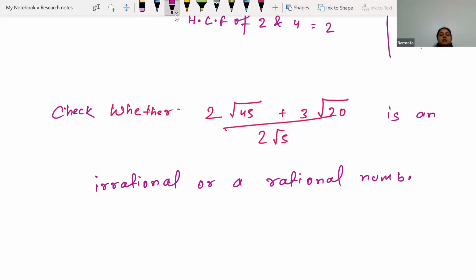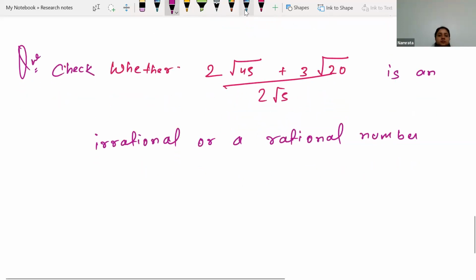Check whether this is an irrational number or a rational number. How to do so? Anyone? What is an irrational number? What is a rational number?